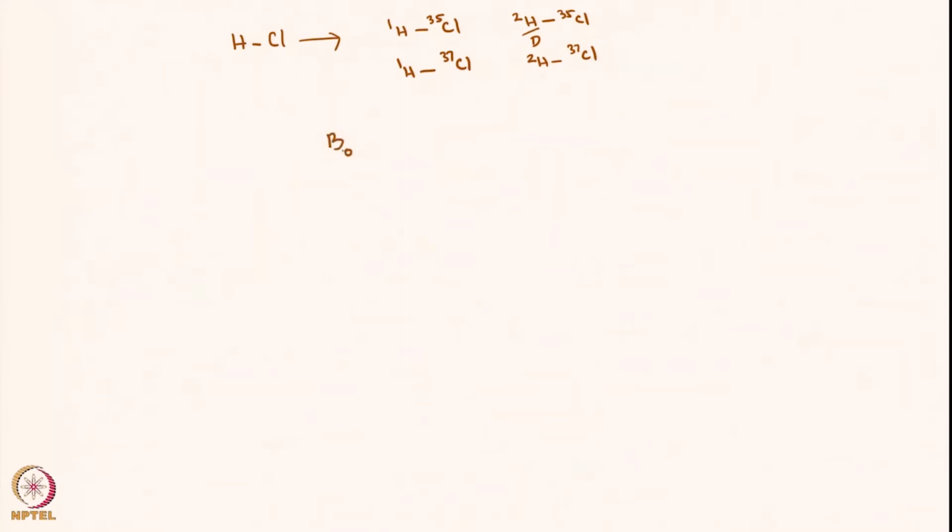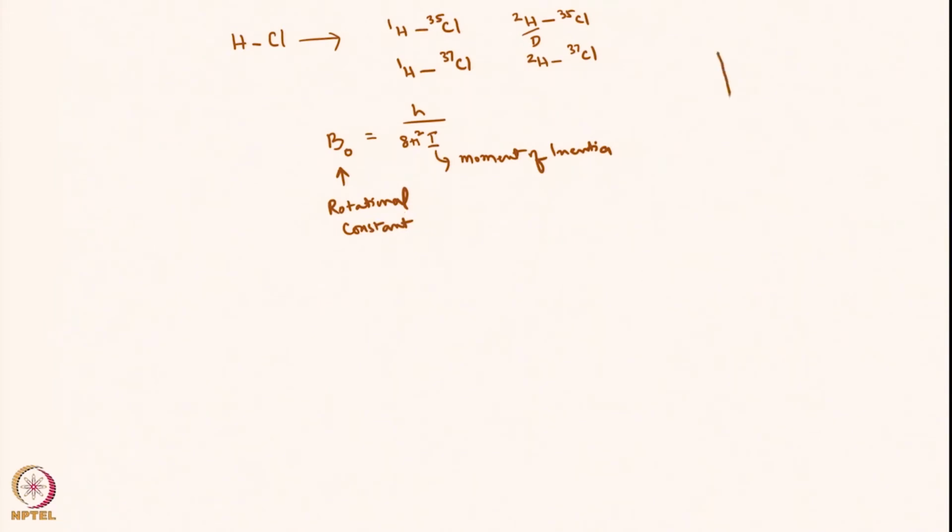One could look at various isotopes, and when you look at the rotational constant B, or let us call it B0, because at the equilibrium distance this is given by h by 8 pi square I, where I is the moment of inertia and B naught is the rotational constant. B naught can be measured by experiment.